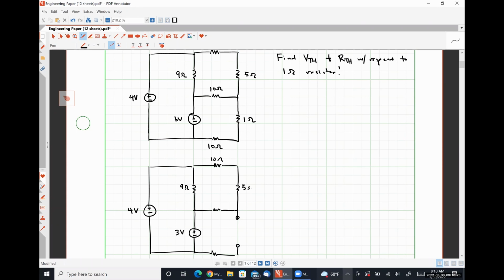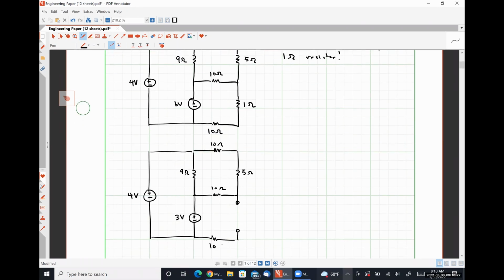Here's 10, 5, 10, and another 10, okay? So whenever I'm trying to find the Thevenin equivalent circuit with respect to an element, I take the element out of the circuit, giving myself a 2-terminal network, okay?